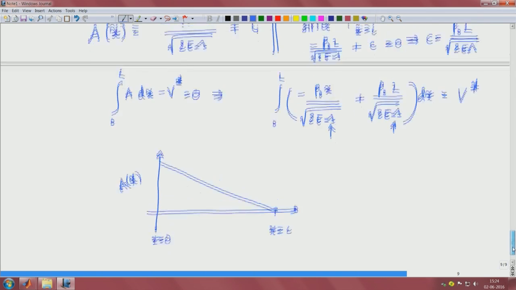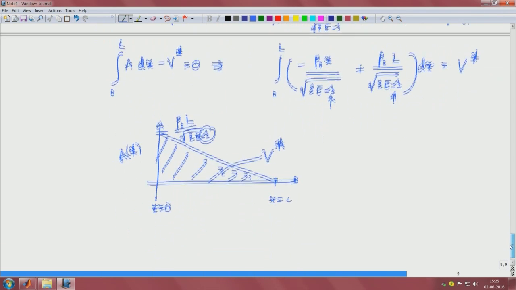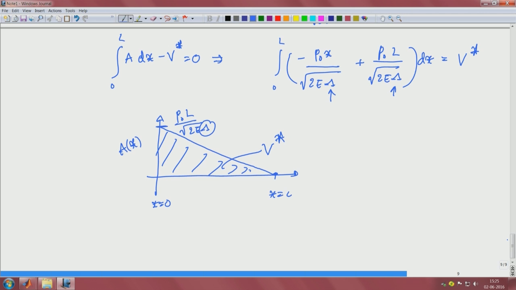At x equal to 0, if you look at our expression for area of cross section, C is there, this part goes, it will be C. So that value there is going to be P naught L by square root of 2 E lambda, and the volume you integrate A dx, whatever that is, area under this should be equal to V star, and that gives you the value of this lambda. Okay. So we have solved the problem completely including the boundary conditions for a special case of P being equal to P naught constant.